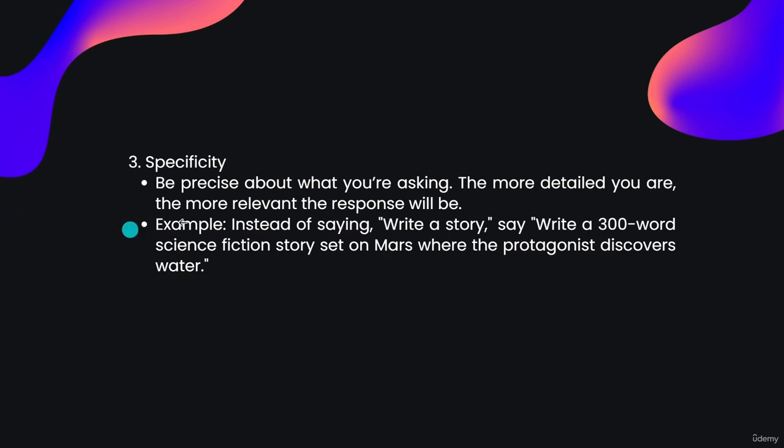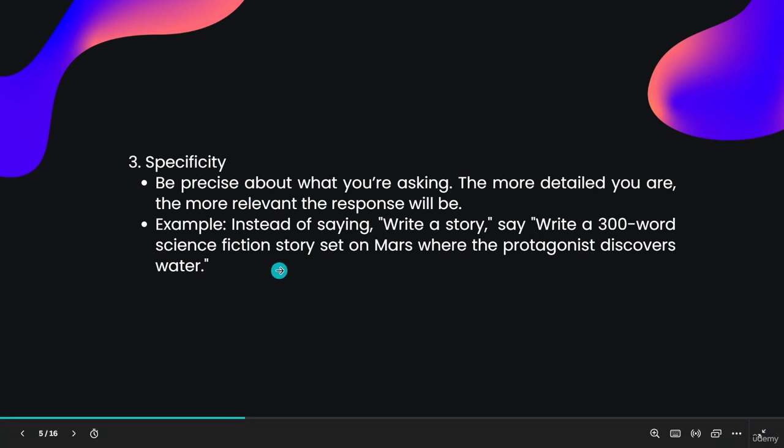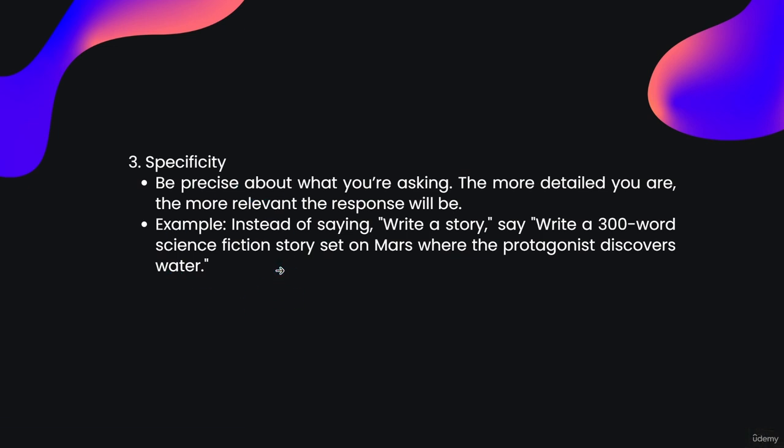Be precise about what you are asking. The more detailed you are, the more relevant the response will be. The AI model should understand your main intent and what you want, so you have to give more detail about your problem or what you want from the AI.